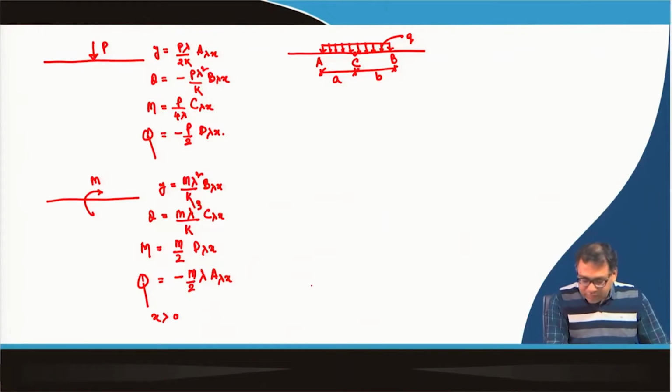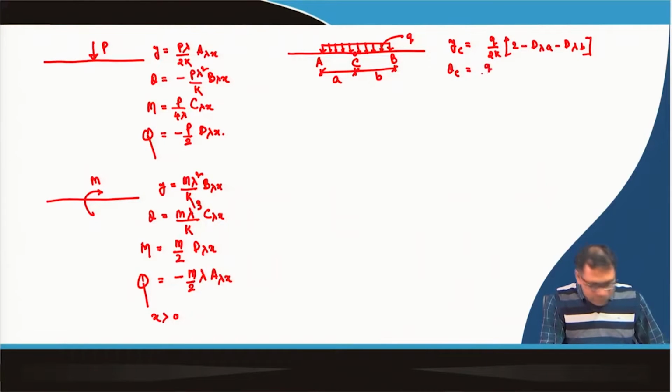Then the deflection at point C is q by 2k into 2 minus D lambda a minus D lambda b, and the slope at point C will be q lambda by 2k into A lambda a minus A lambda b.